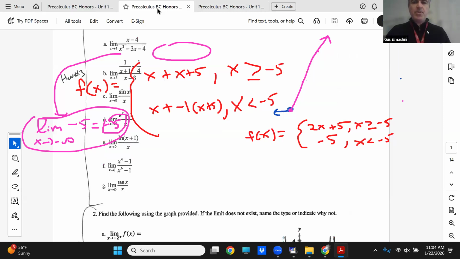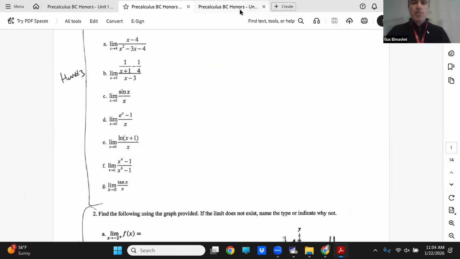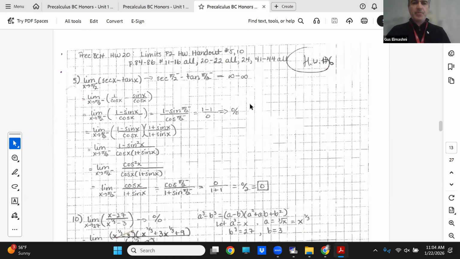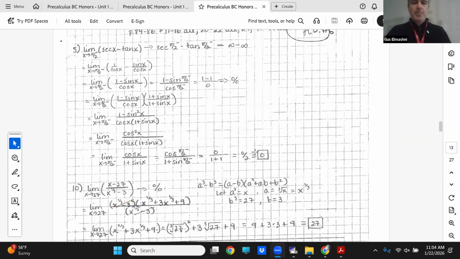Any questions on the homework that you guys want to ask about? On homework number 6. Number 5, I think, was a little confusing because in order to evaluate it analytically, you had to do the conjugate of the trig functions, and that enabled you to use a trig identity.